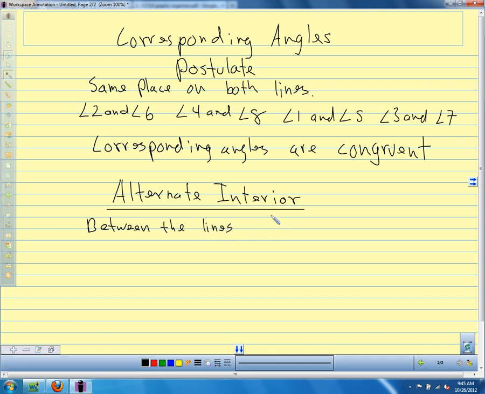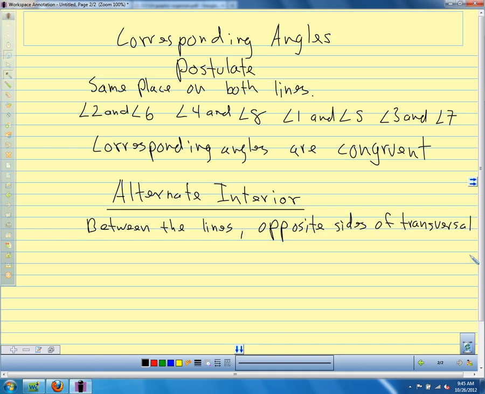Alternate means on opposite sides of the transversal. So we're between the lines and we're on opposite sides of the transversal.